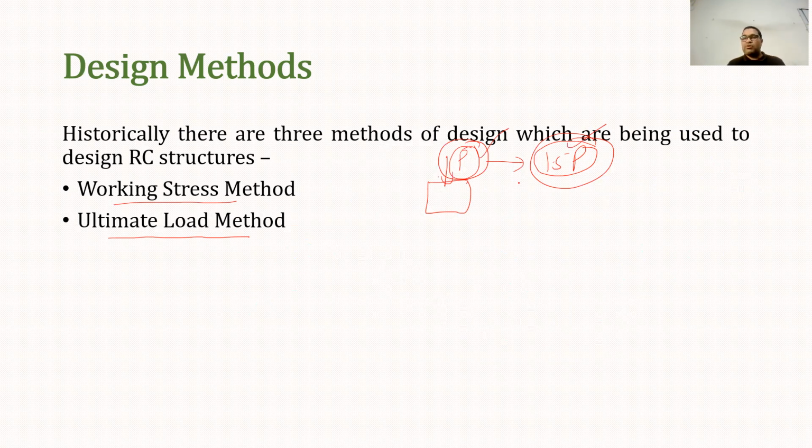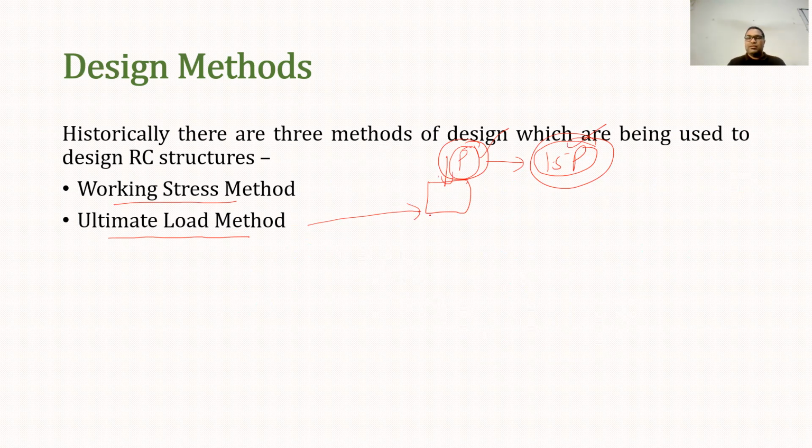Now, the drawback of this method was that there is no consideration of the strength of material, because the design was based on the ultimate stress or ultimate load theory. The sections designed using this method were very light, because in this method we utilized more of the strength of the material.